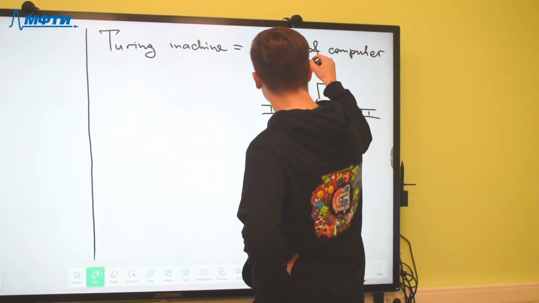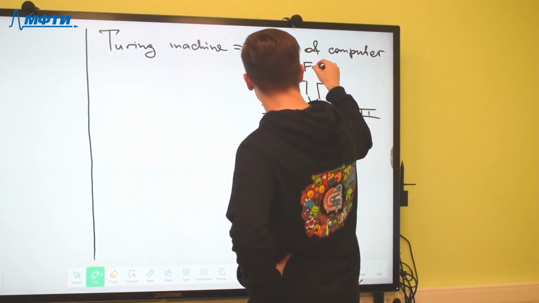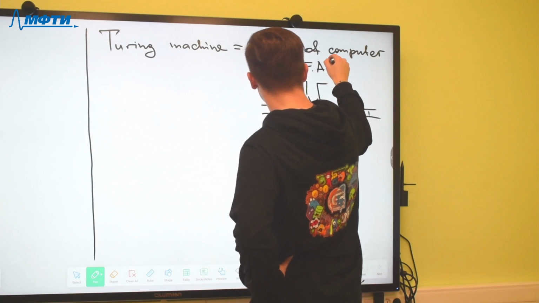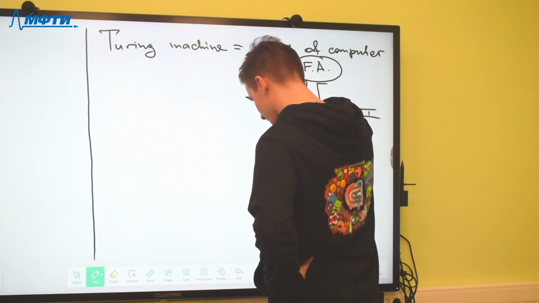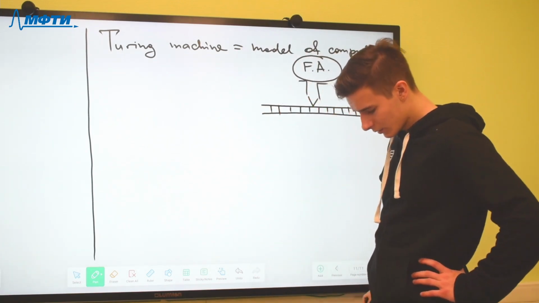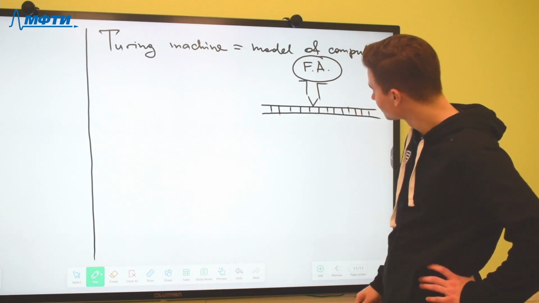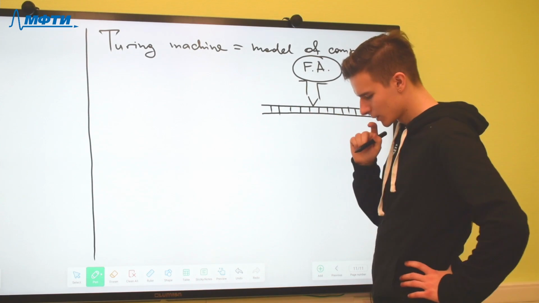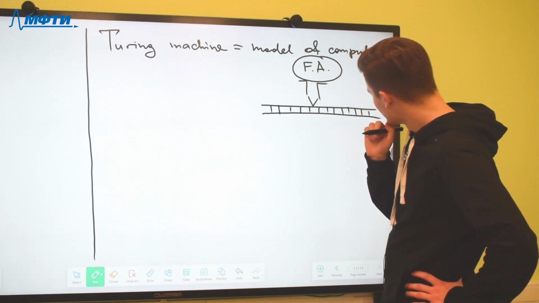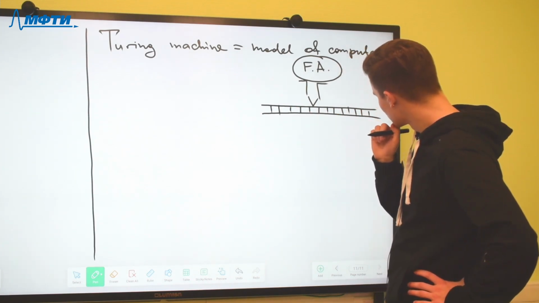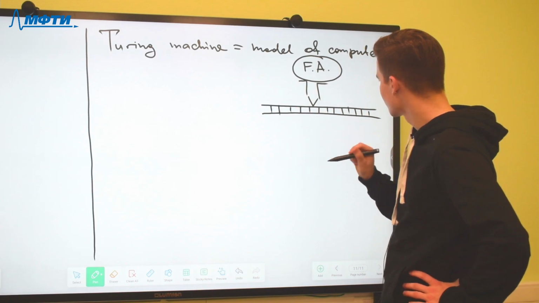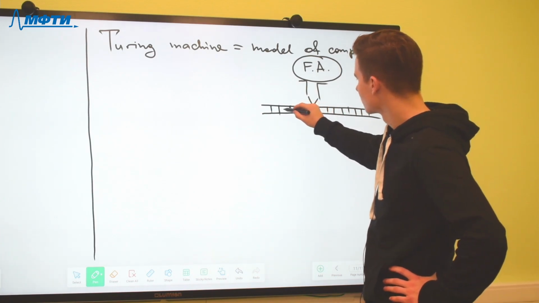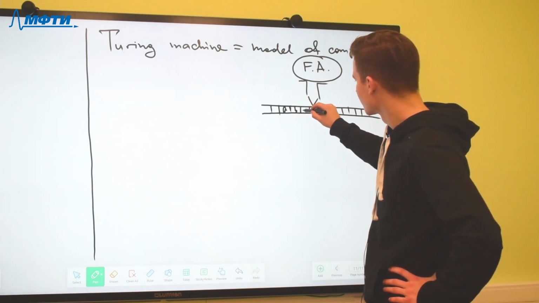If we have some finite automaton here, and we have an infinite string with some characters.